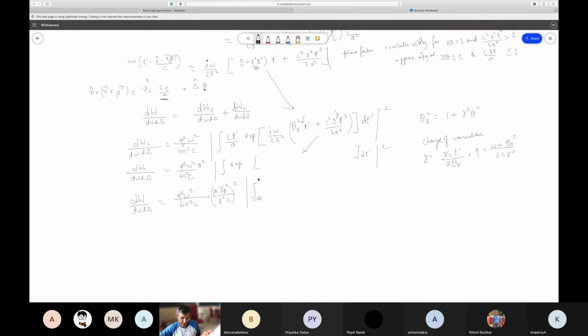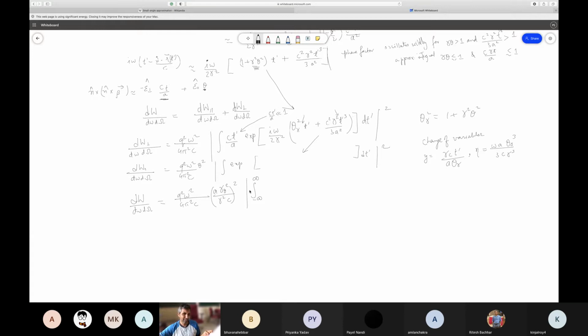And the other thing that you notice here is that in this expression we made the assumption that Ct prime by a is much less than 1, right? But here we actually take the integral from minus infinity to infinity, because we know that the integrand vanishes very quickly at large times. For longer times, this phase factor oscillates very wildly, so there's a lot of cancellation.